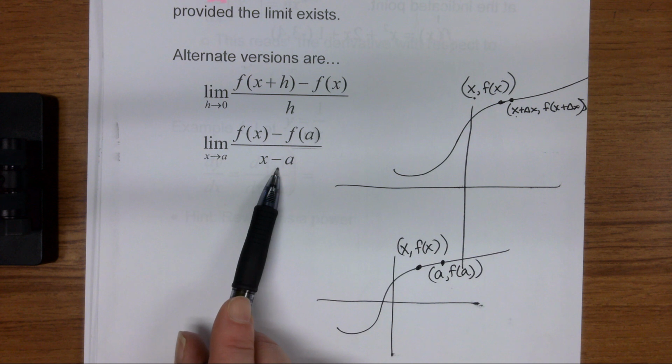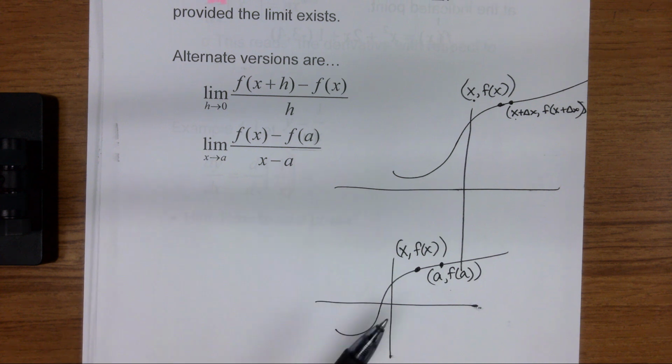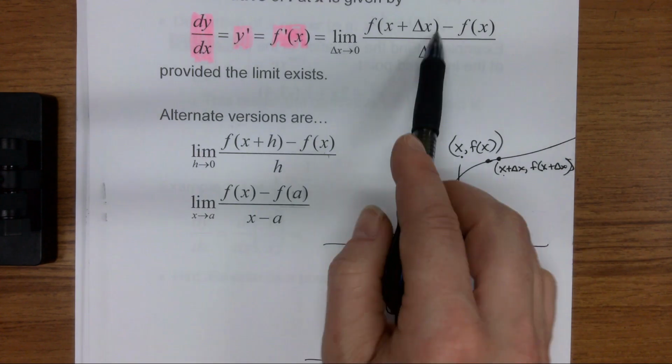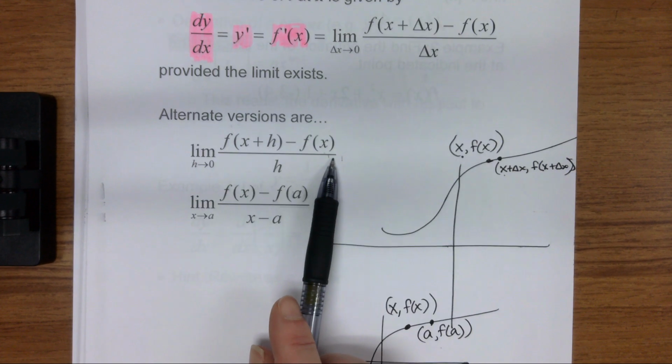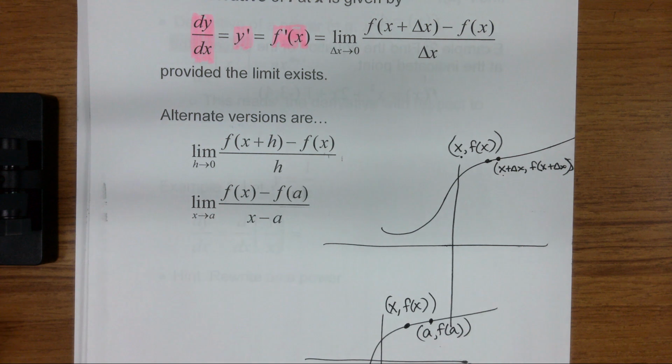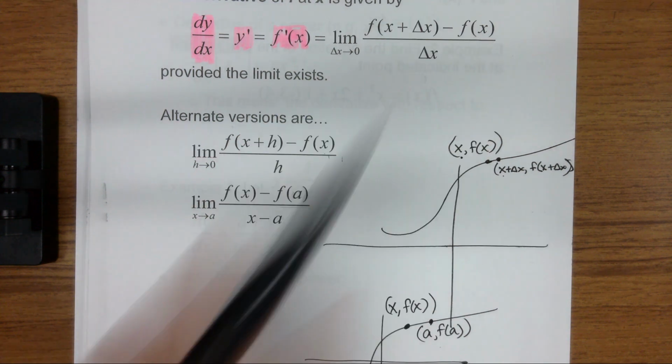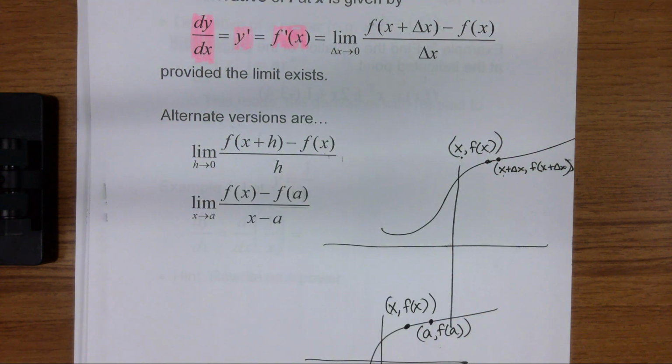You'd have to plug in an exact point, and we're going to learn in a minute that if you use this one or this one, you can find it in general for the whole curve. You get a formula for the slope, and then you can plug in as many points as you want to find them. That's the advantage of the top two. Capiche?